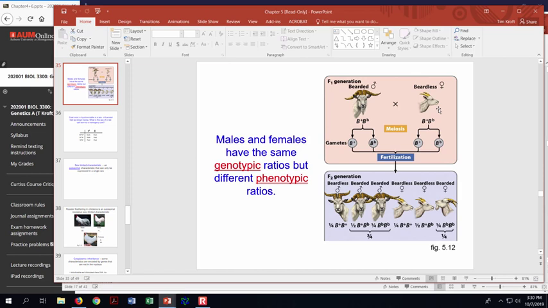It would be better to just do one Punnett square and then below it just say, do one Punnett square and just do 3 to 1. You could just say, for males, BB blank is a beard. But for females, you have to be BB homozygote to have a beard.